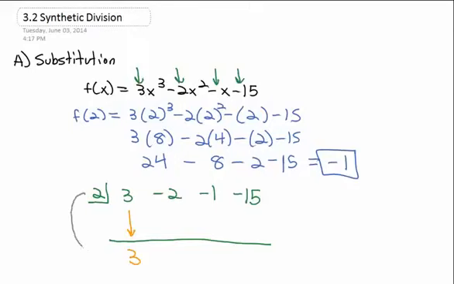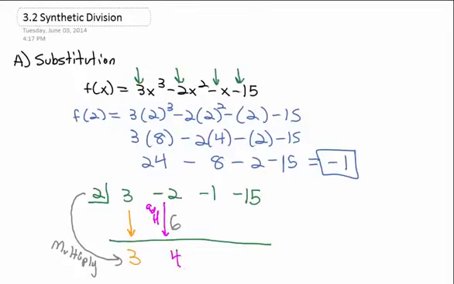And then we're going to take the 2 and we're going to multiply by what's in the bottom row. 2 times 3 is 6. And I'm going to stick that up here underneath the negative 2. Now what I'm going to want to do is add my column straight down.